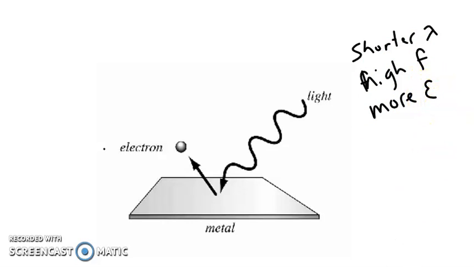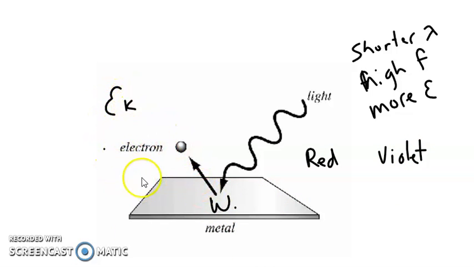For example, if red light does not work, we go to a shorter wavelength, higher frequency. Perhaps violet will have enough energy to pay the fee, that work function, in order to eject an electron, to get a kinetic energy store within the motion of that electron out. And if violet doesn't work, perhaps UV light will, or maybe X-rays or gamma rays.